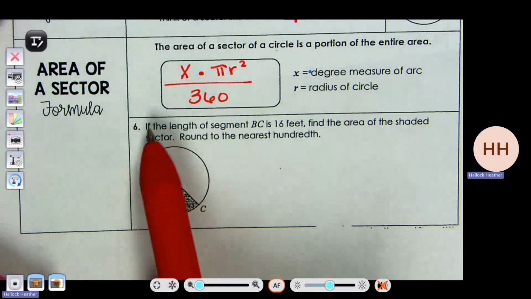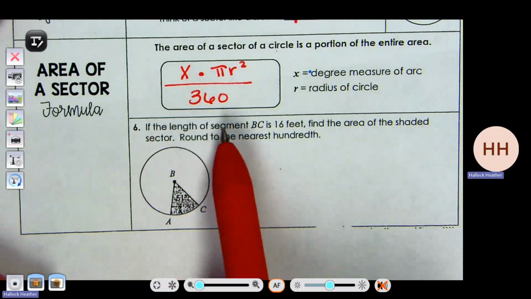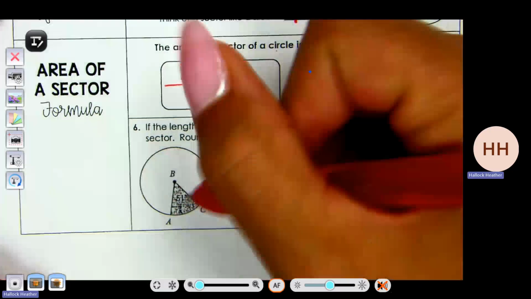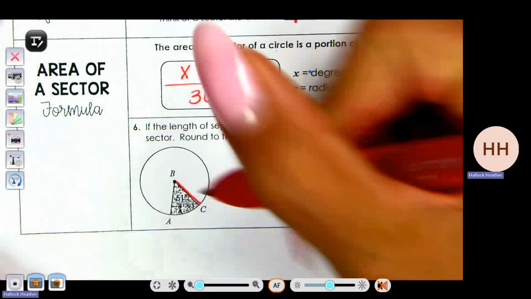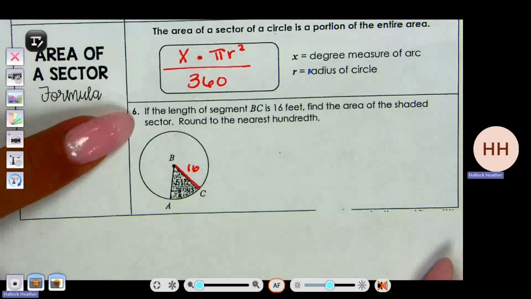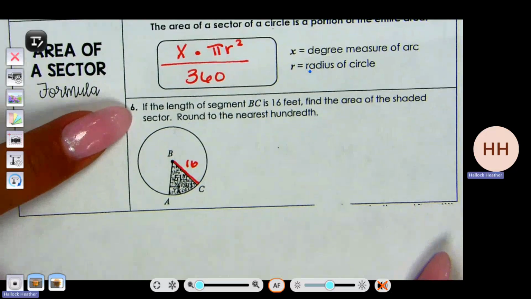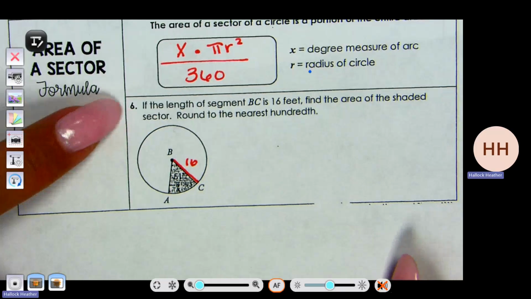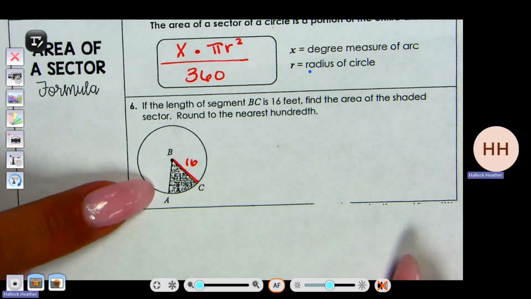Okay, number 6. If the length of segment BC is 16 feet, so let's put 16 in our picture. We need to find the area of the shaded section. If you squint your eyeballs, how much is that section? 51.